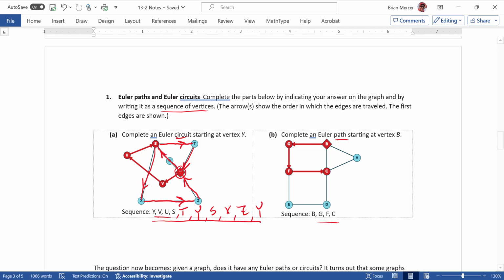So now we just need a path. For this, we want to make an Euler path. We started at B, and so we went B to G to F to C. So we've got that much of the sequence listed.